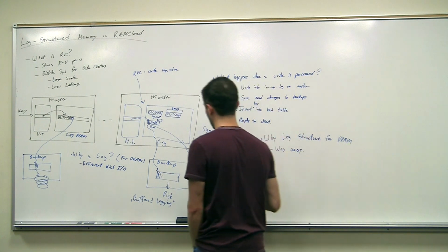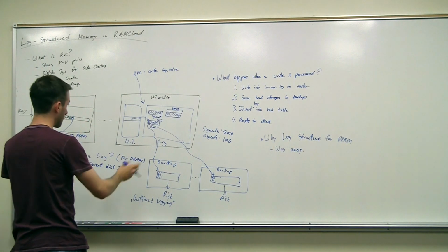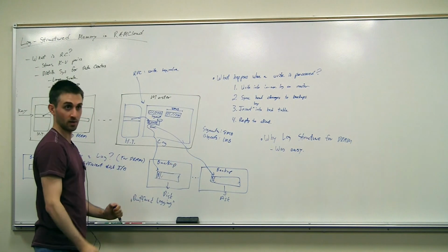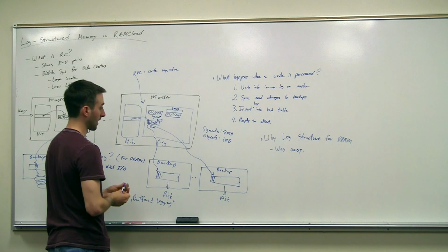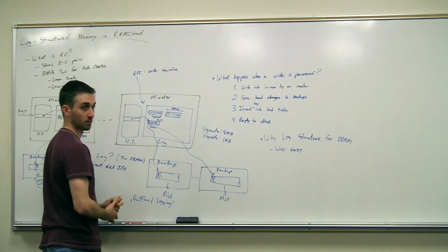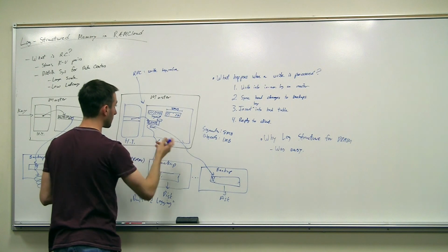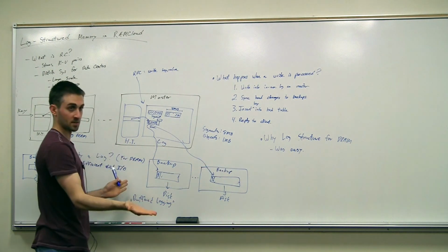What do I mean by that? Eventually the master has to do various things to manage the data stored on backup disks. For example, the log cannot grow unbounded. Eventually, some stuff is going to be deleted, maybe some objects here. That's just going to be dead data taking up space on disk.